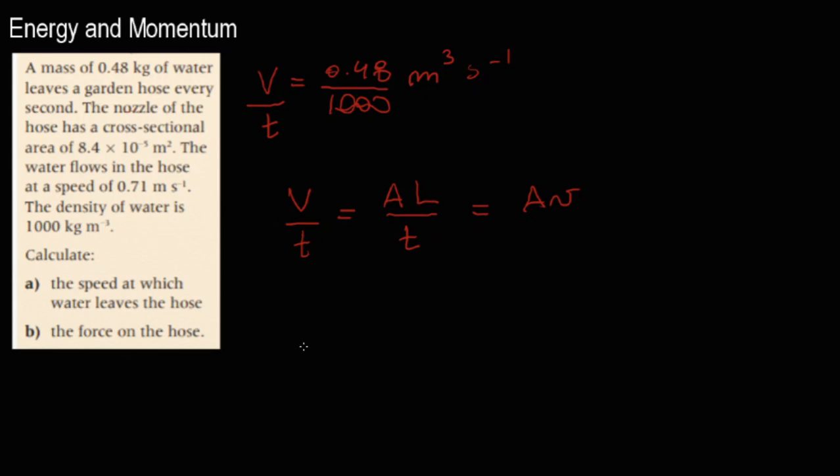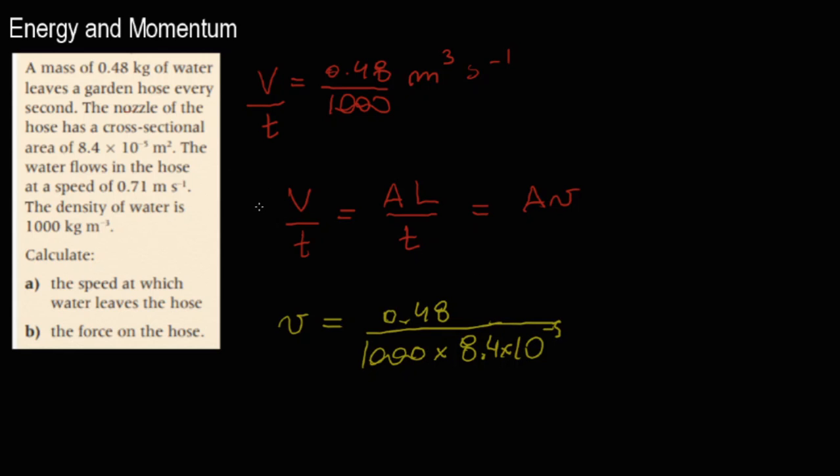So if we rearrange this, we would get that our velocity is 0.48, which is our volume per time, over 1,000. Right? I've just rearranged this equation here. So we divide by area there, so there will be a division here by area. So our area was 8.4 times 10 to the negative 5.